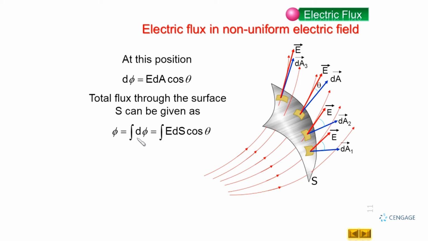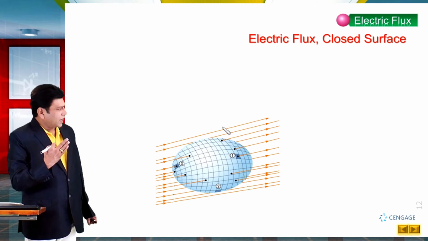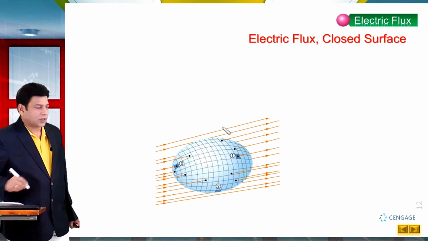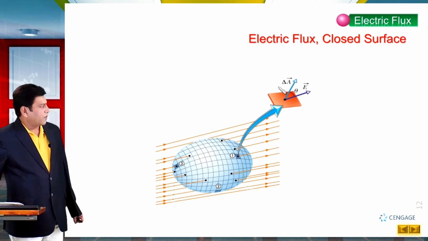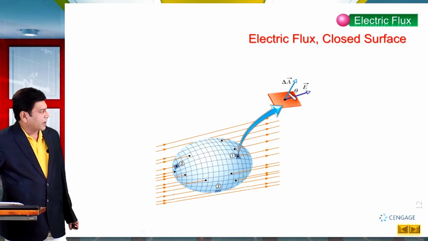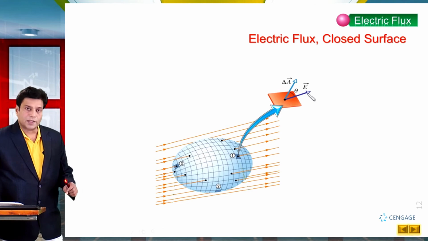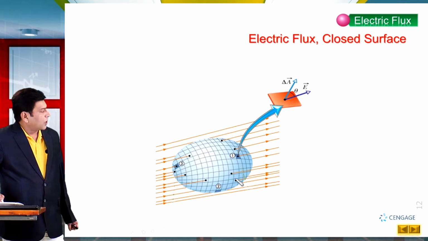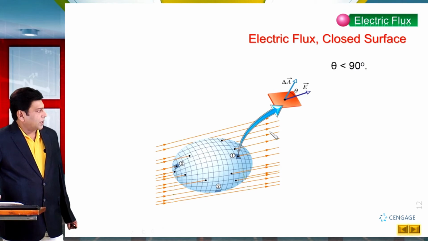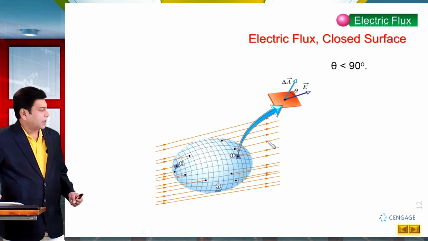Now let us discuss the flux of a closed surface, and let us take some elements on the closed surface and define the area vector for this element as delta A, and electric field, this is in this direction, so we have drawn the electric field vector like this. So let us take one more element and here we can say this angle is theta and less than 90 degree.